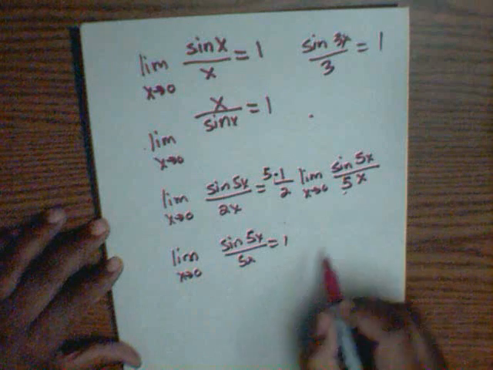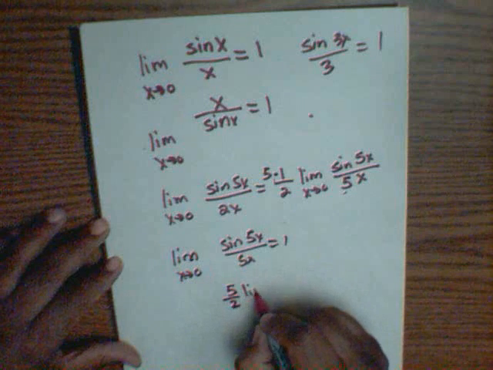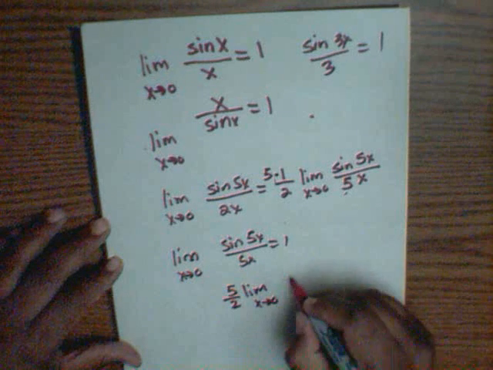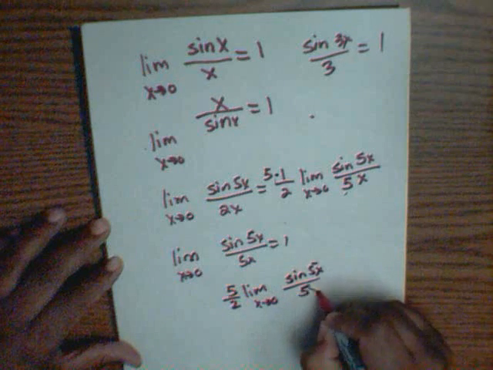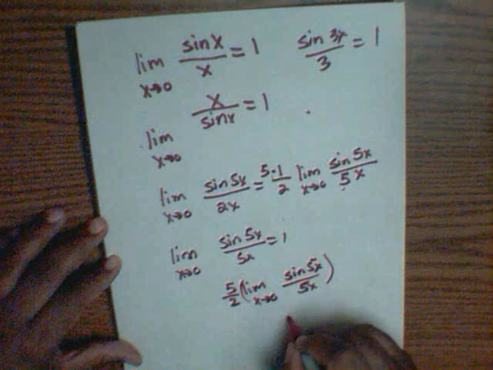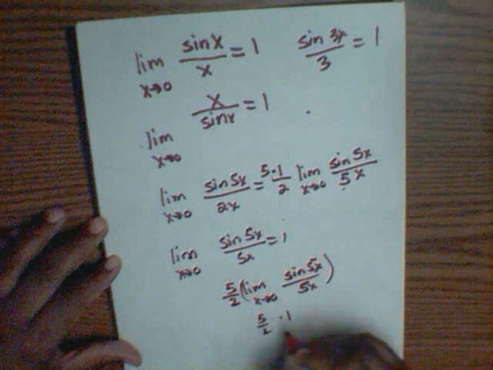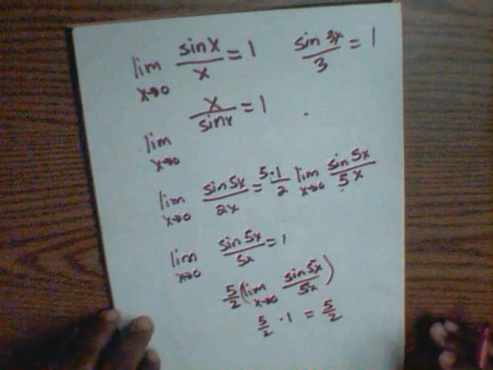Then what I have here is 5/2 times the limit as x approaches 0 of sine of 5x over 5x. I already know that this portion here is equal to 1. So I end up with 5/2 times 1, which gives me 5/2. Beautiful thing.